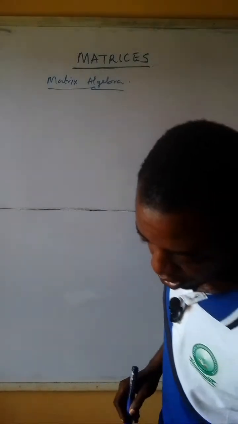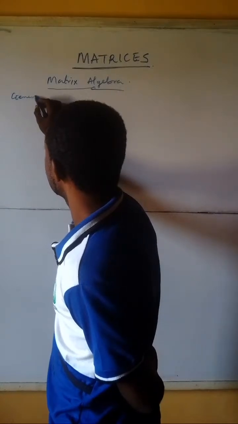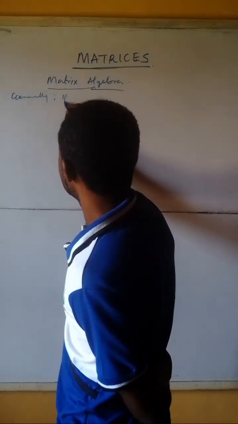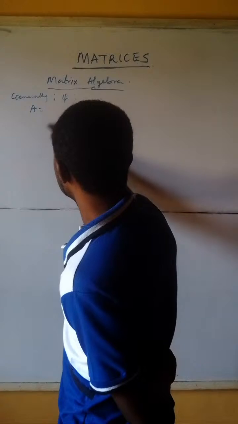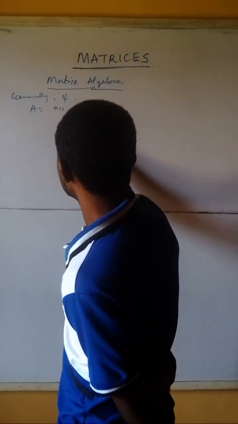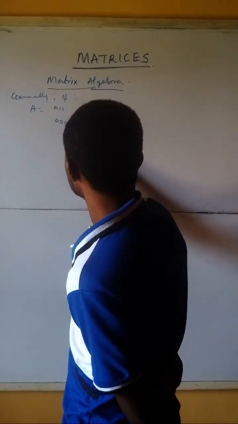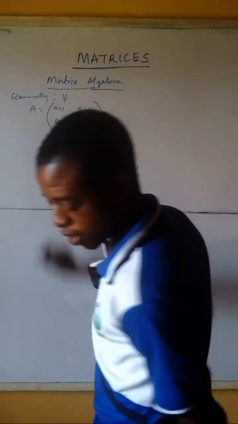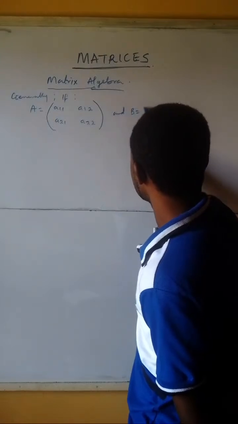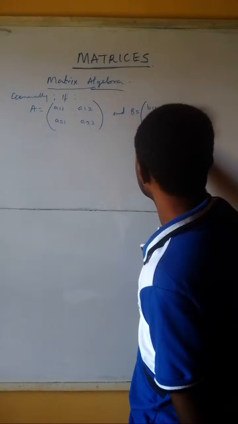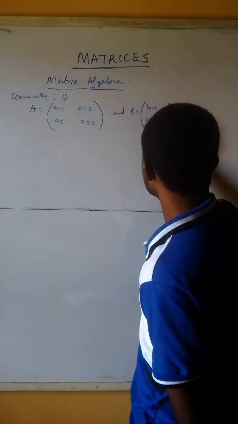Now from here, generally, if we have a matrix A given by A11, A12, A21, A22, here we have a 2 by 2 matrix, and we have a matrix B given by B11, B12, B21, B22.